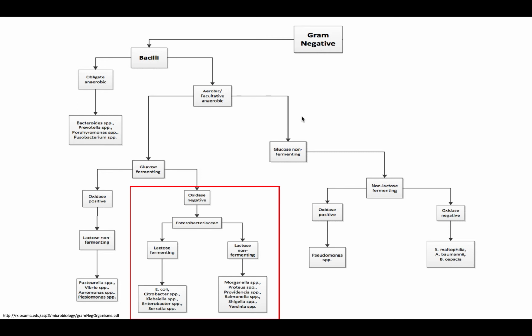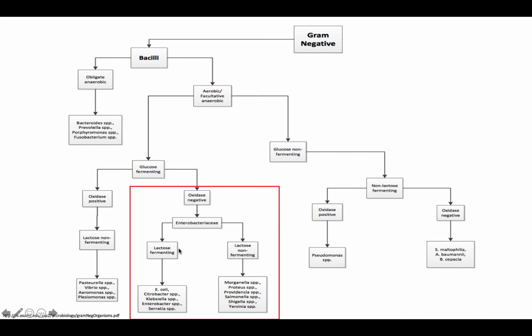Okay, so facultative anaerobes, glucose non-fermenting, and then you go for non-lactose fermenters. Oxidase positive, you'll have Pseudomonas. This is for Enterobacteriaceae, most of which are enteric bacteria in the gut. And then you look for glucose fermentation, either oxidase positive or negative. We go into Enterobacteriaceae here.